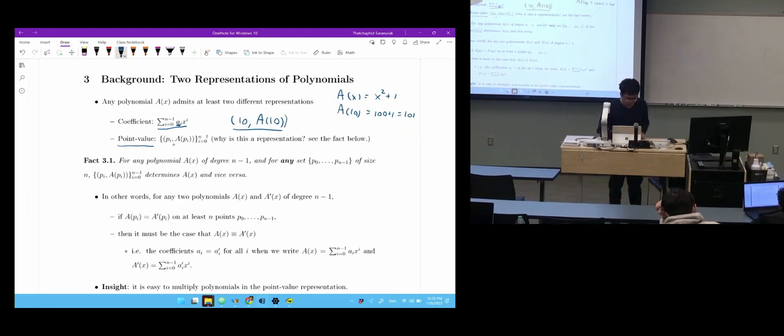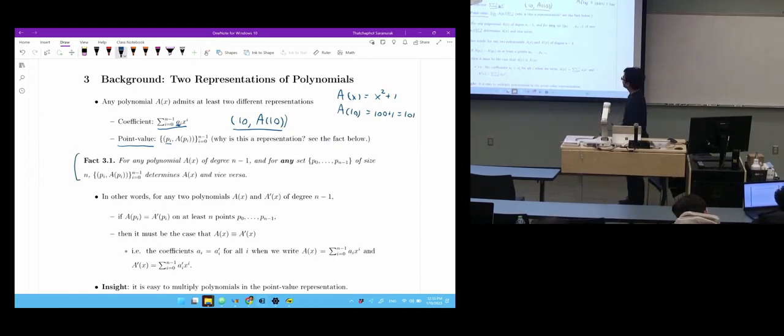And I said that I'm going to have n many evaluation points, with points p_i ranging from i equals 0 to n minus 1. I just evaluate it at n points. Now, there is a fact from algebra that I will need in this class.